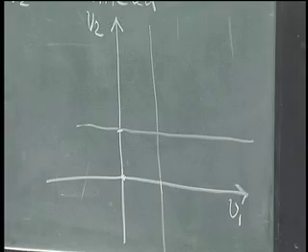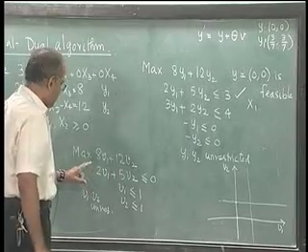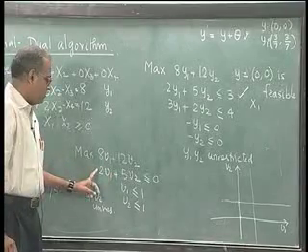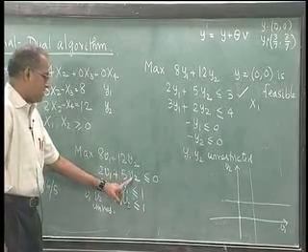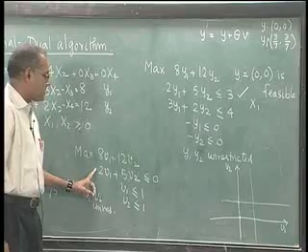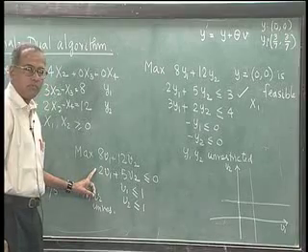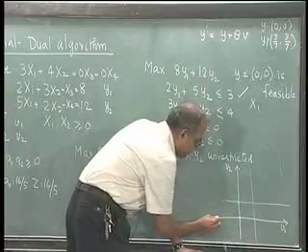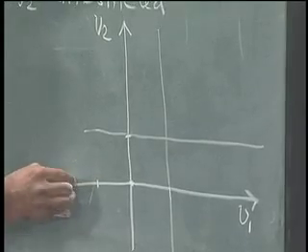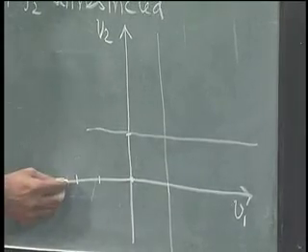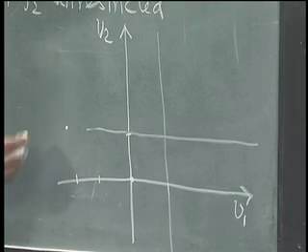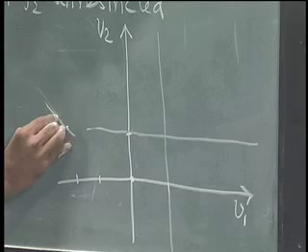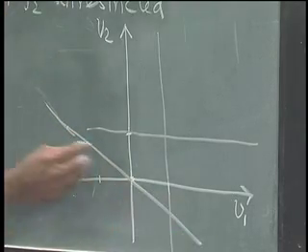The other point could be if V2 is equal to 1, then V1 is equal to minus 5 by 2. So, V2 is equal to 1, which is here, V1 is equal to minus 5 by 2, this is 2 and a half. So, this is another point. So, the third line will look like this.